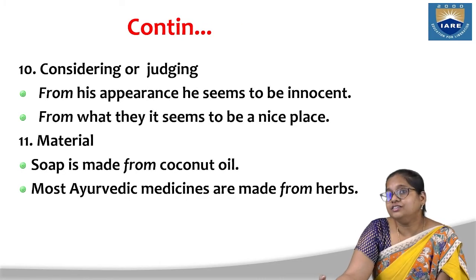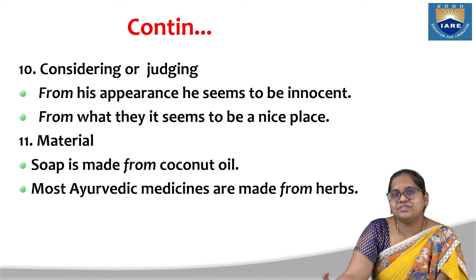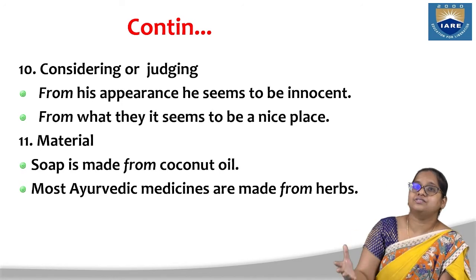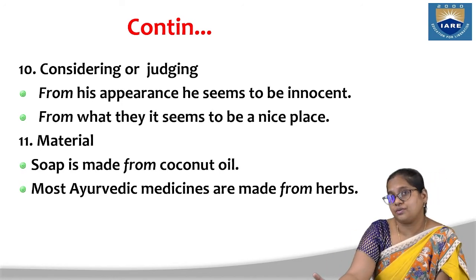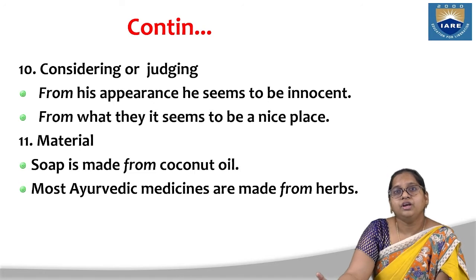Now, another context. The tenth context is where you can use this preposition when you are referring to considering or judging. When you consider something or judge someone, you can use this preposition from.